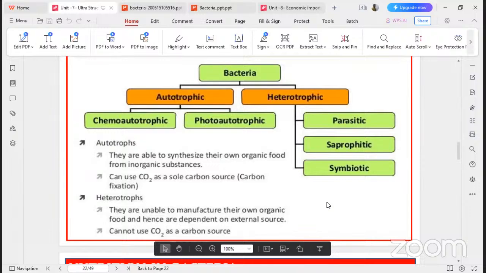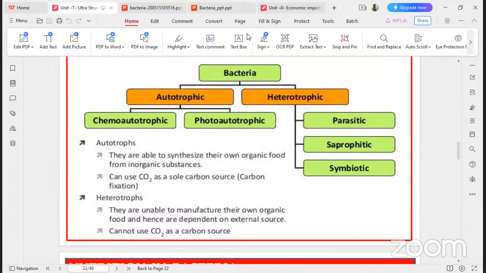The autotrophs and heterotrophs, these are the two types. You can see autotrophs means they can produce their own food material. They can synthesize their own food material. Heterotrophs means they depend upon others. That all we have studied in the fungi, and in other chapters also we have studied.